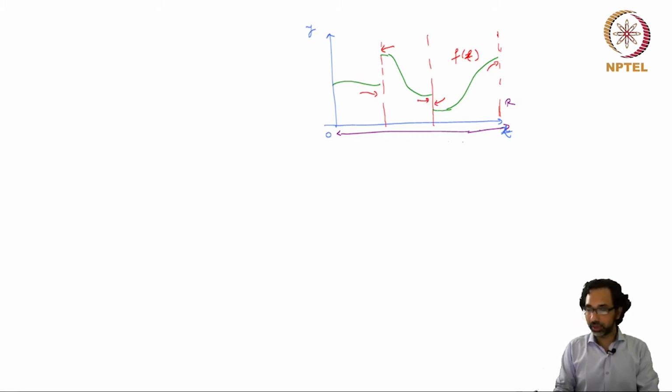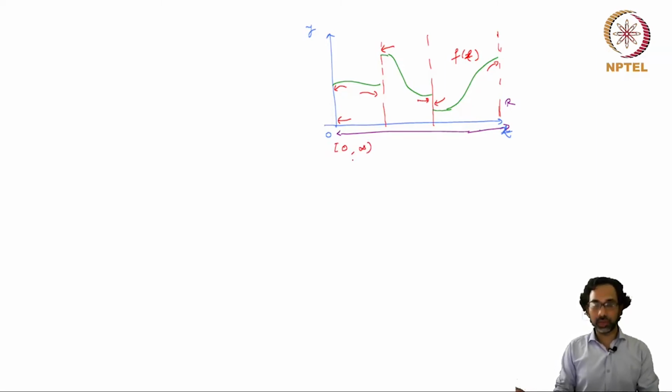So these are piecewise continuous functions on 0 to infinity. Here note that at 0, when we approach from the right, this limit is also finite. So it is piecewise continuous on the interval 0 to infinity with 0 included.